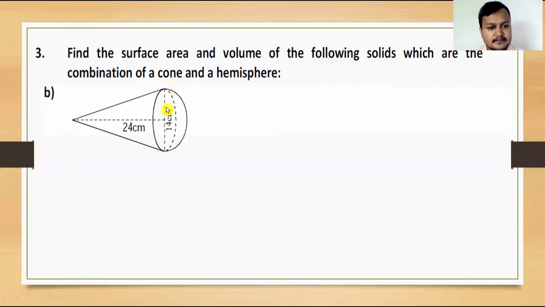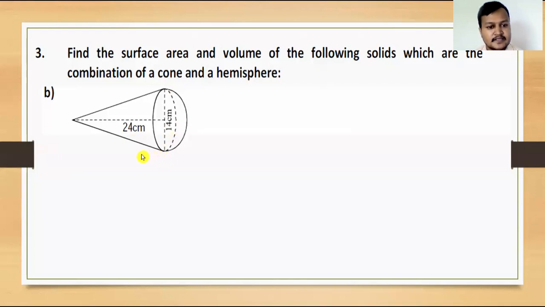We don't have radius here. In place of radius, diameter is given. Diameter is 14 centimeter. If diameter is 14 centimeter, what will be the radius? 7. That will be 7.